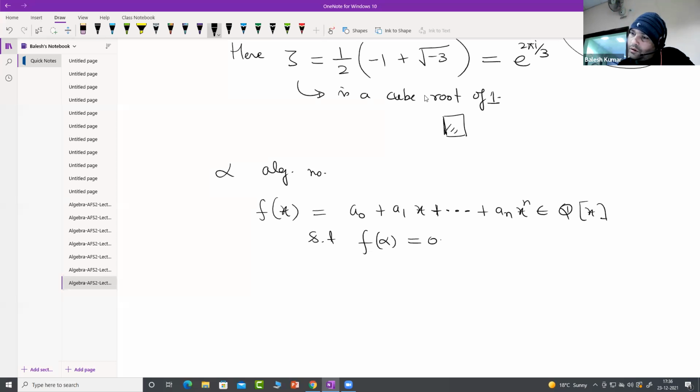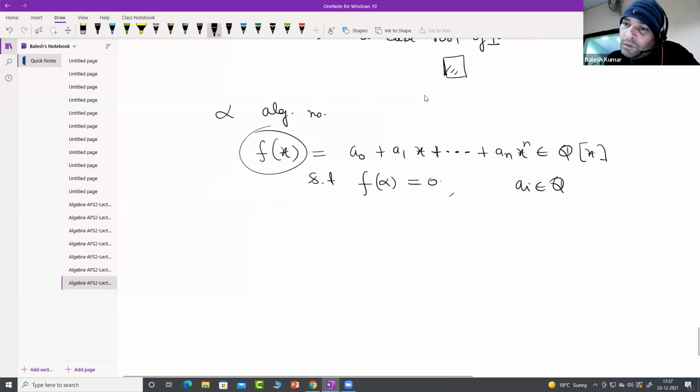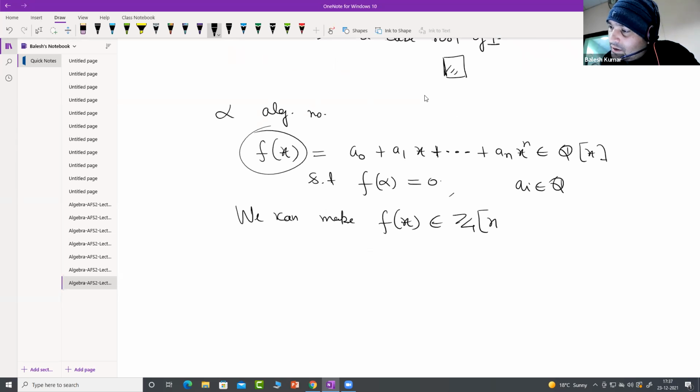Of course, the ai's are rational numbers, so they have certain denominators, and one can clear the denominators of this polynomial to make it a polynomial with integer coefficients. So what we see is that we can make f(x) inside Z[x] such that f(alpha) is still 0.